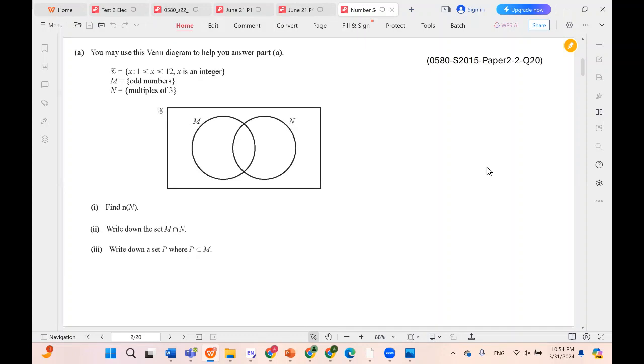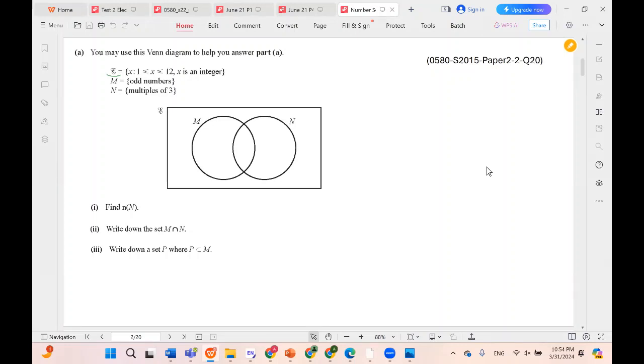In this question, we're told you may use the Venn diagram to help you answer part A. We are given a universal set, so this symbol here denotes what we call the universal set. This is the total number of elements in the entire set, so within the rectangle. The universal set here goes from 1 to 12.